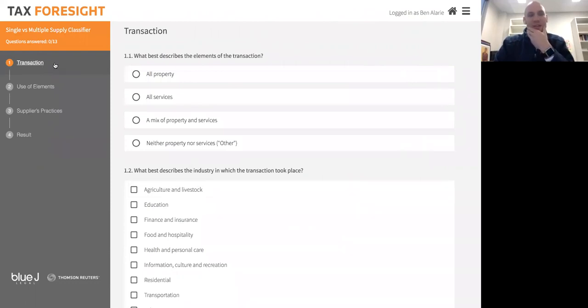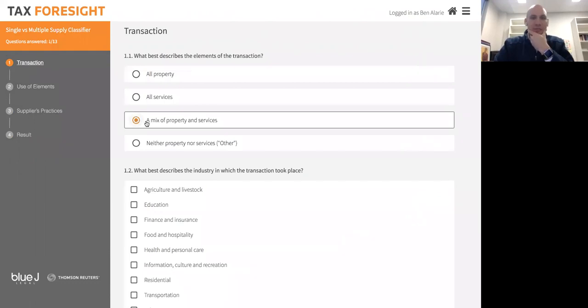So remember, this is this agreement between a patient and the professional corporation that's delivering the orthodontic services to that patient. We'll look into the use of the elements. So the different elements here are the orthodontic appliance itself, and then the services provided according to the treatment plan. We'll look to the supplier's practices, and then we're going to get our prediction about how a court would likely analyze the situation. So, what best describes the elements of this transaction?